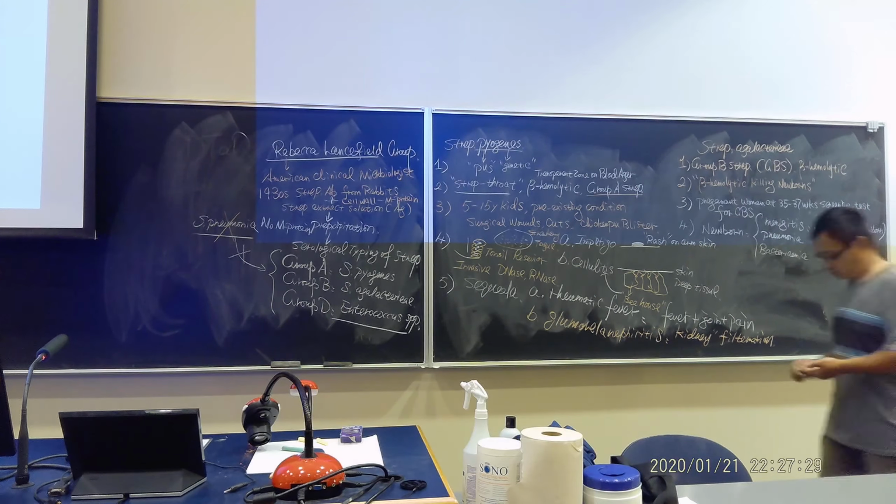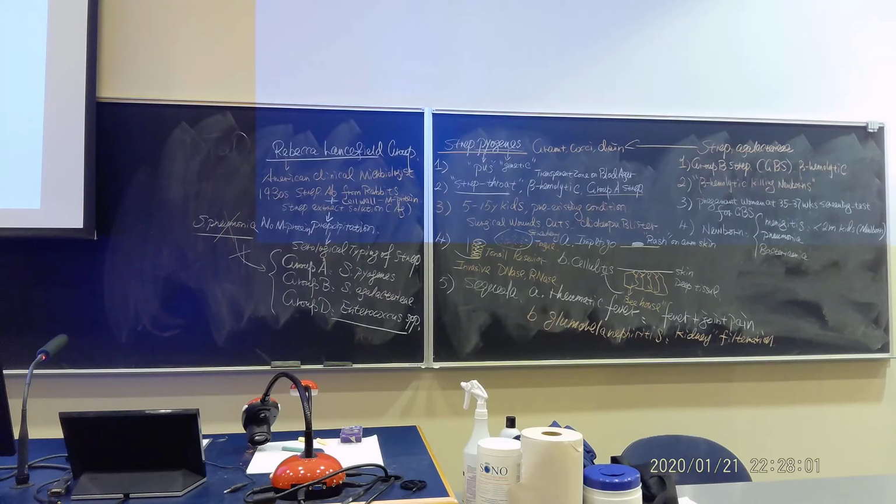Remember, when we differentiated alpha hemolytic, we used a disc to differentiate the viridans Streptococcus and Streptococcus pneumoniae. How do we differentiate Streptococcus pyogenes and Streptococcus agalactiae? The same thing, using another disc called the A disc.